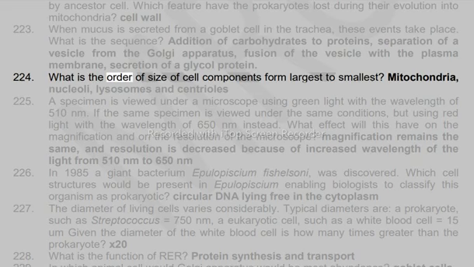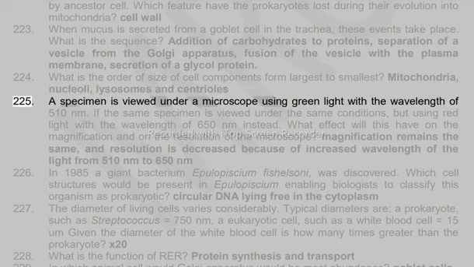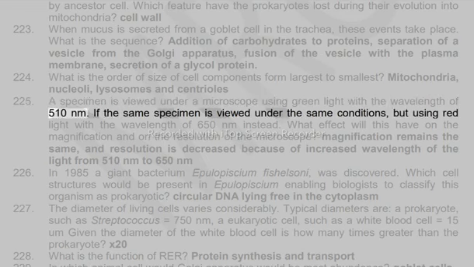224. What is the order of size of cell components from largest to smallest? Mitochondria, nucleoli, lysosomes and centrioles. 225. A specimen is viewed under a microscope using green light with the wavelength of 510 nanometers.